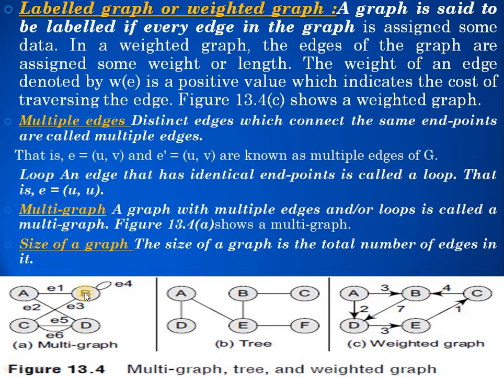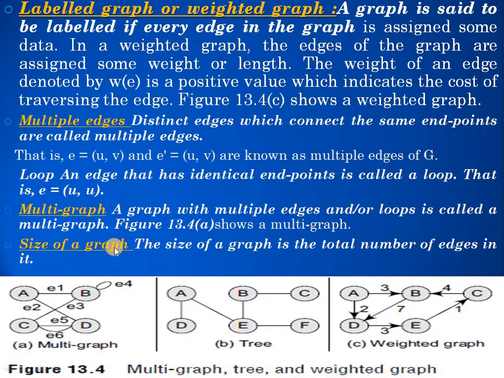Here we have a B to B edge, so a loop is present. A multigraph: a graph with multiple edges and/or loops is called a multigraph. In this figure we have a multigraph.